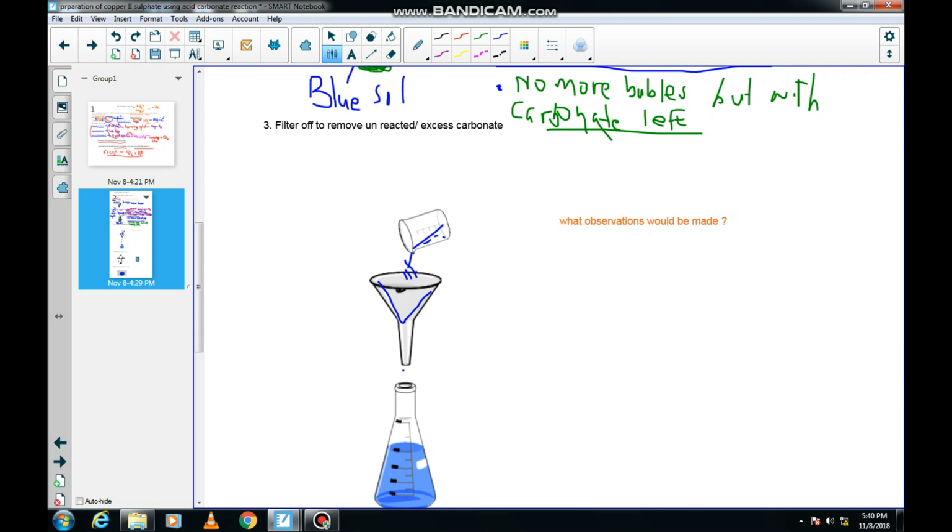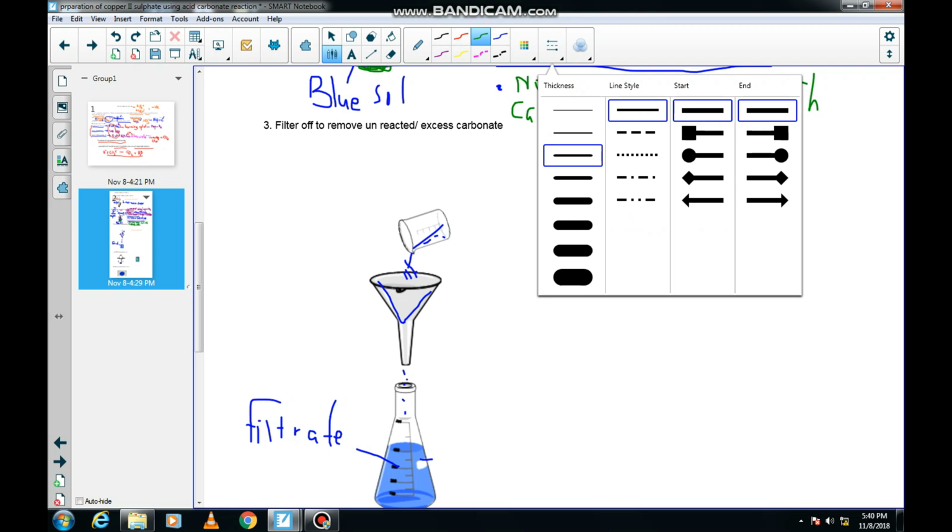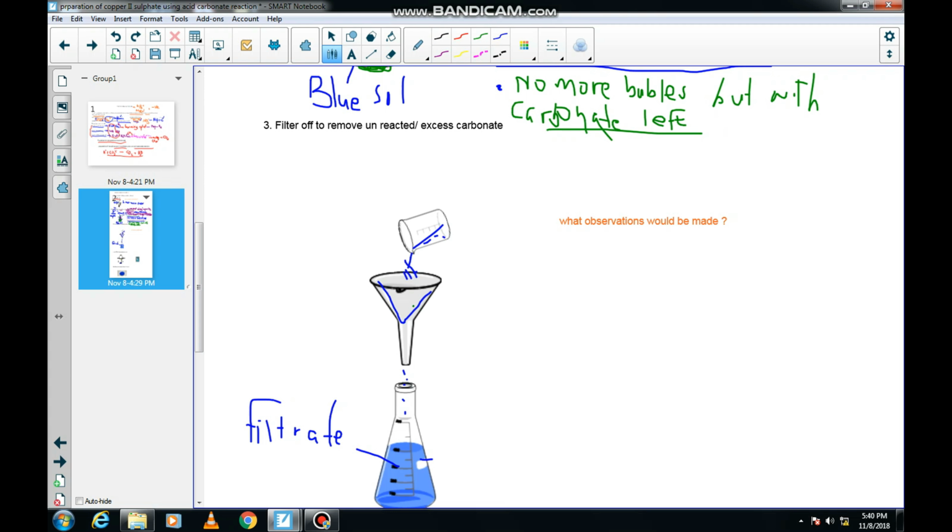The copper 2 sulphate solution will pass through and collect as filtrate, and the unreacted copper 2 carbonate will remain trapped in the filter paper as residue. So this will be our residue, and the residue is the unreacted or excess.